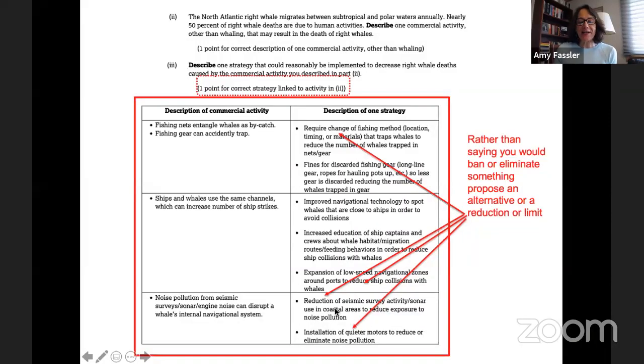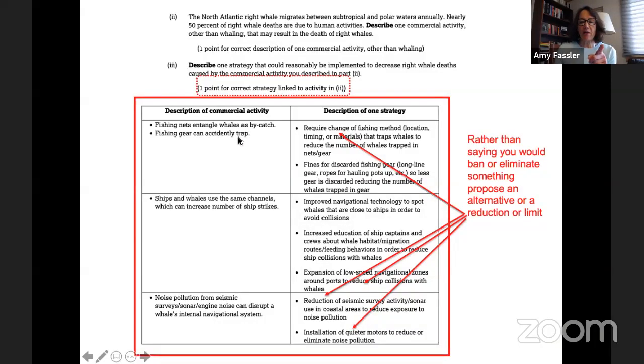A reduction in seismic survey activity, again, maybe particularly when whales are migrating. Installing quieter motors. And then we certainly have this general idea that I can often regulate. A solution is to find people who don't pick up their nets from the ocean and leave them to threaten fish populations. So hopefully you got at least one of those points, maybe both of them.